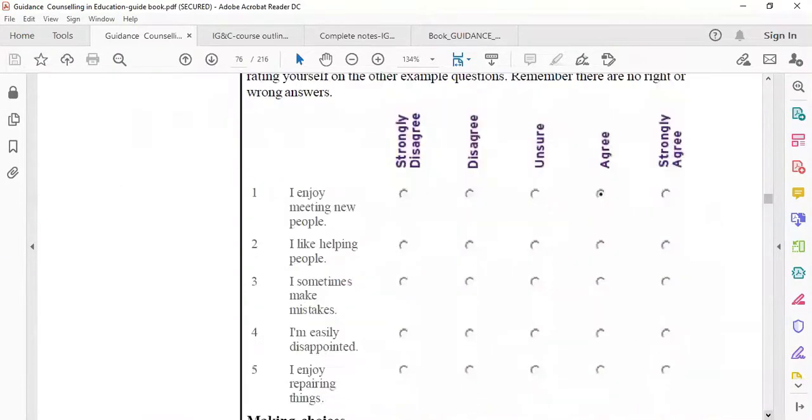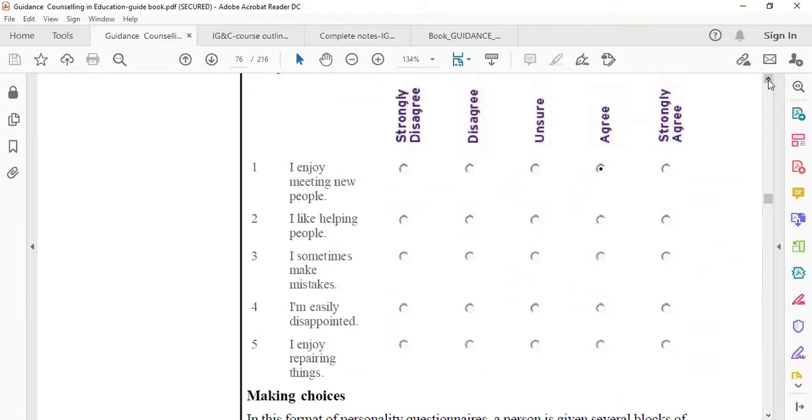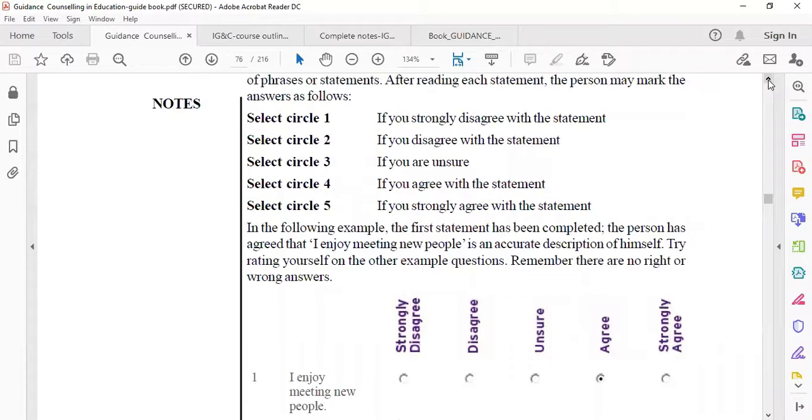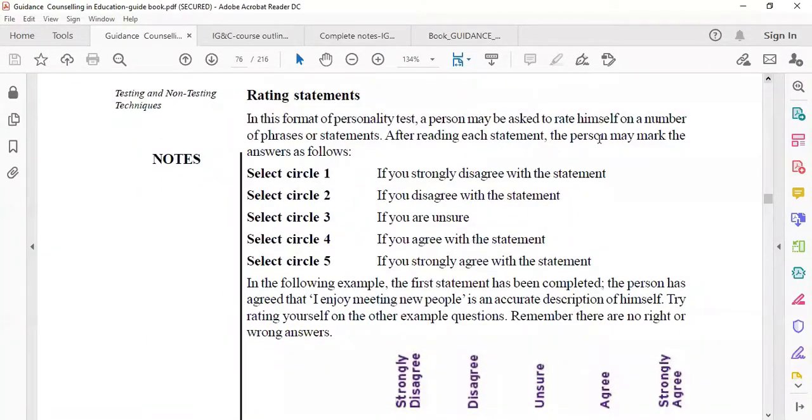But as you know, a human being doesn't have a consistent personality or consistent attitude. Because of that, it is a little bit difficult to study the character of any person.